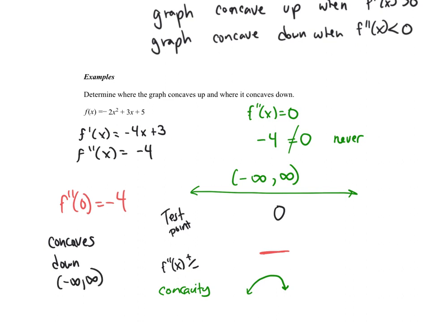Now, this should be 0% surprising because this is a parabola, and it's a parabola that is upside down. So it's some kind of graph that looks like this, and of course it's going to be concave down all the time. That really shouldn't be very surprising. Other ones will change from up to down, but in general, nothing too crazy.